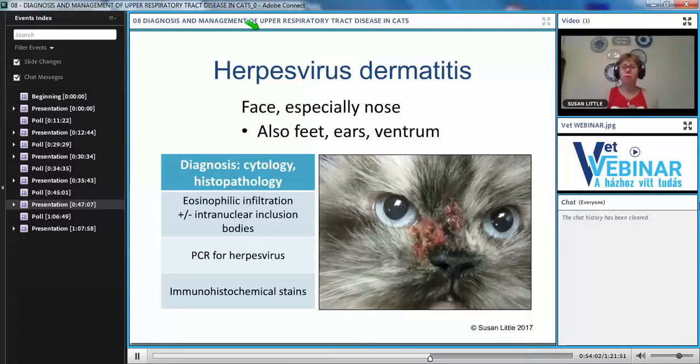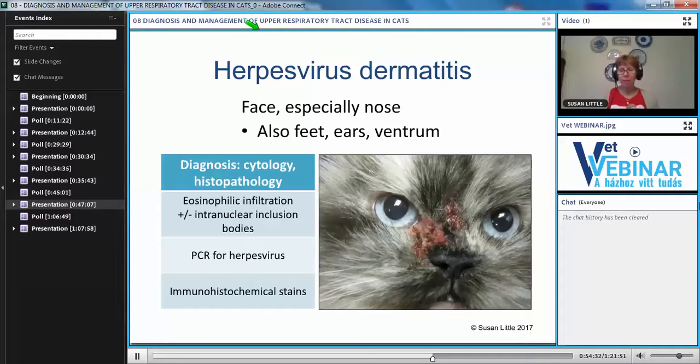On histopathology, the pathologist might see what are called intranuclear inclusion bodies. They're not commonly seen, but if the pathologist does see that, that's a hallmark for herpes virus infection. You can do a PCR on cytology or histopath samples and detect herpes virus, or your lab might offer some type of immunohistochemical stain for herpes virus as well.